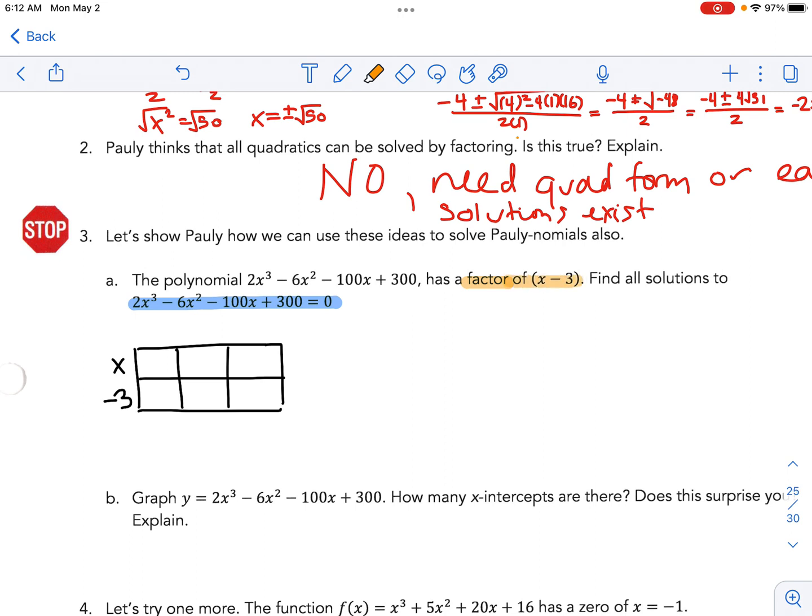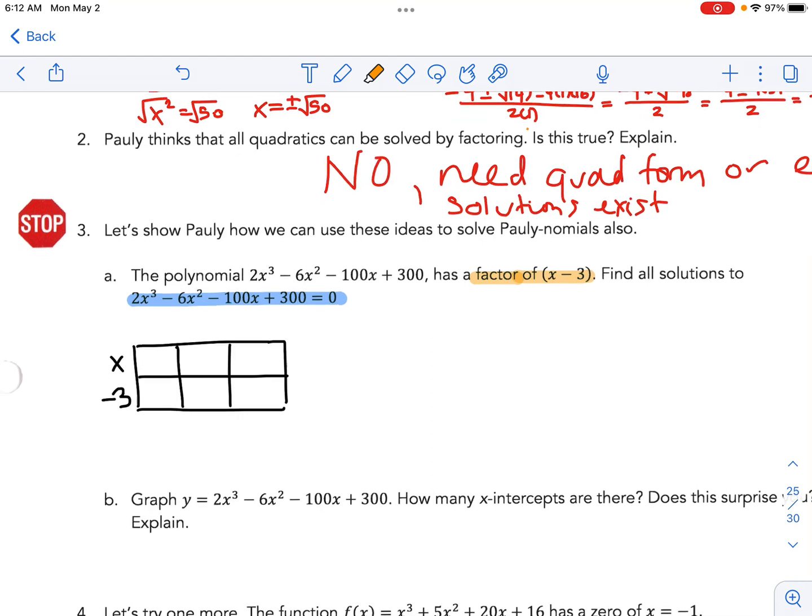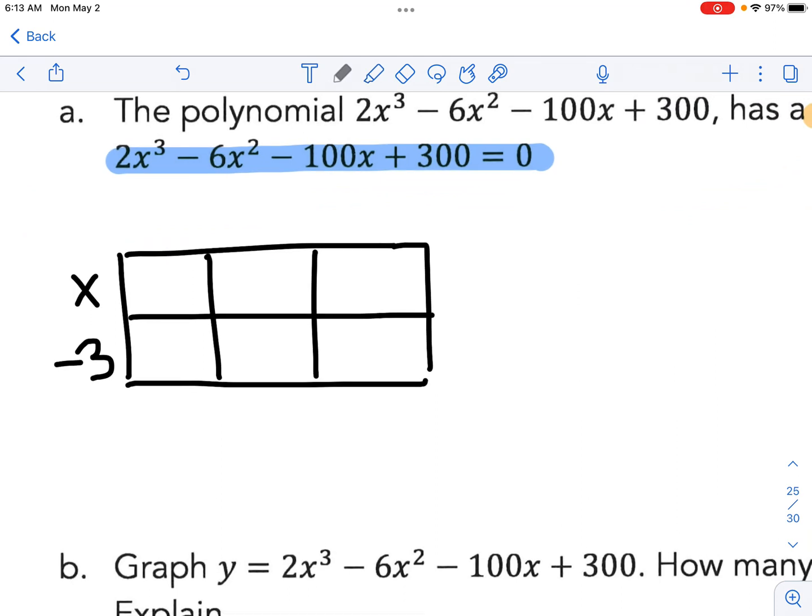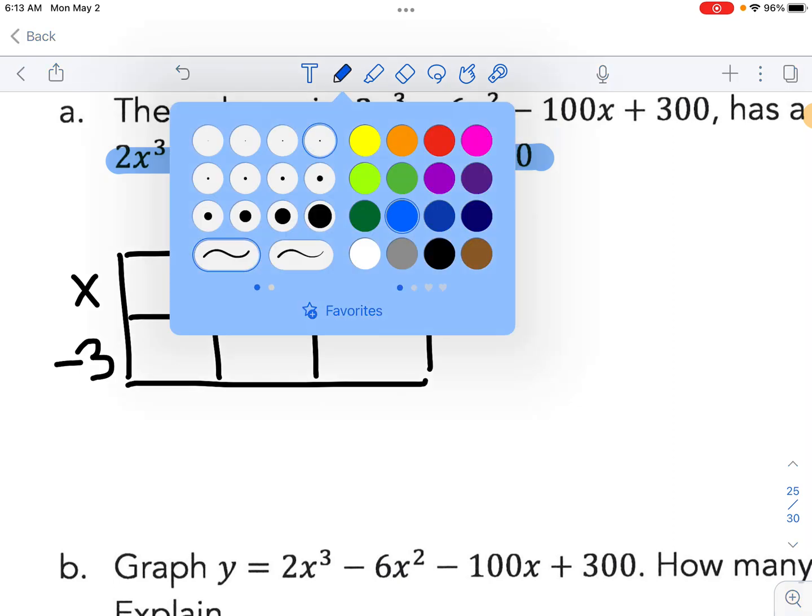If it's telling us that it has a factor, then that factor should be going into that polynomial without a remainder.